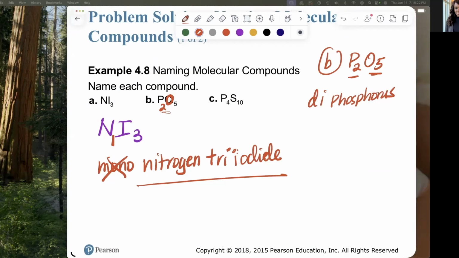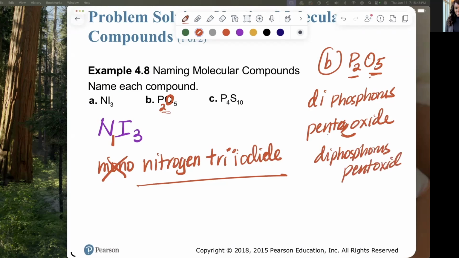And then 5, pentaoxide. Okay. I did this to show you that because you have an A and O here, the convention is to drop the A so it becomes pentoxide. So diphosphorus pentoxide. Okay. And that will be this one here.